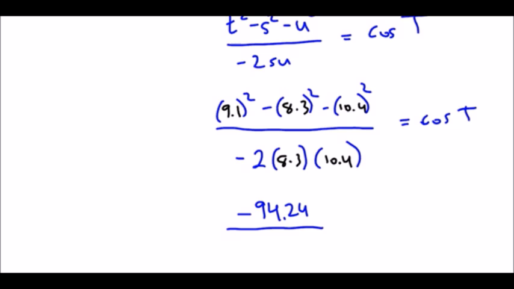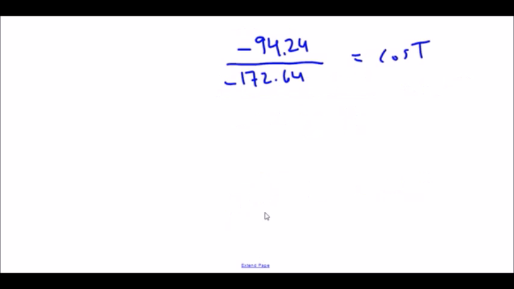And that gives me negative 172.64. And so if I now do that division, 94.24 divided by 172.64. You'll notice I didn't say the negatives because I know that two negatives will just cancel each other out. So why waste two extra buttons on my calculator?